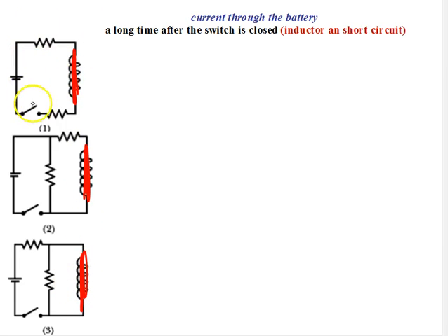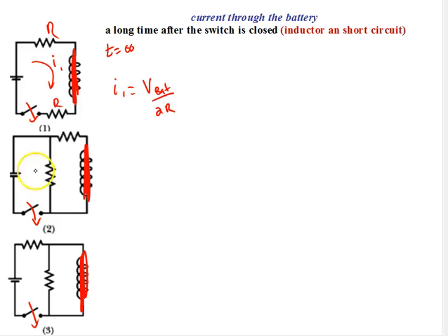So now, that's been closed for a very long time, right? So now we're at some, we'll say t is equal to infinity. So now our current I1 through the circuit is going to be equal to the V of our battery divided by, this is R, and this is R, divided by 2R.